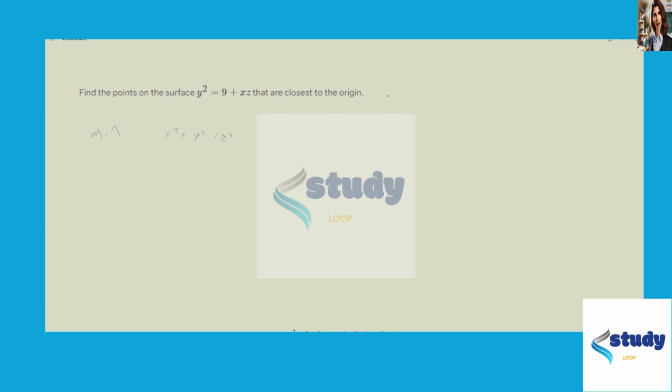And further, y squared is 9 plus xz, right? So we just want to minimize x squared plus z squared plus 9 plus xz, or if you like, x squared plus xz plus z squared plus 9.